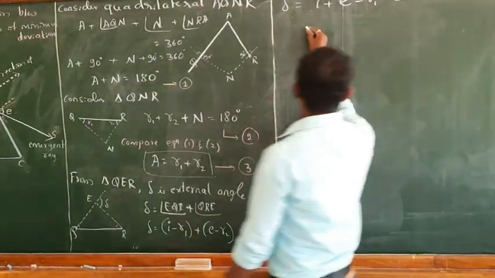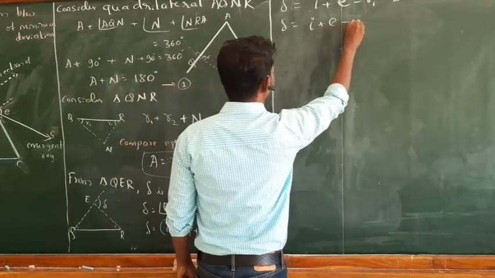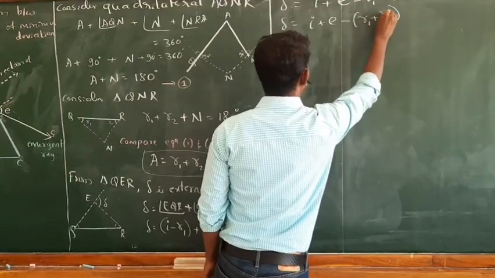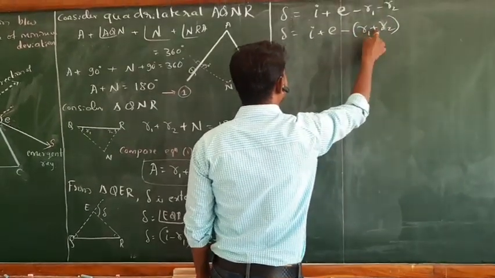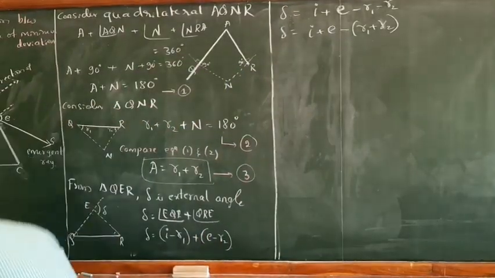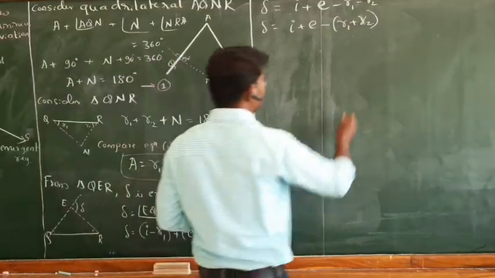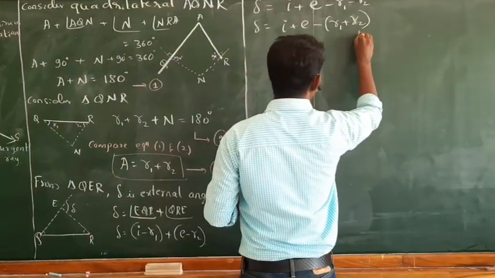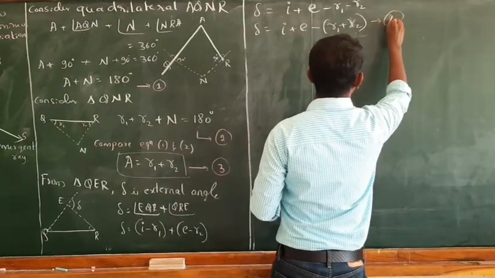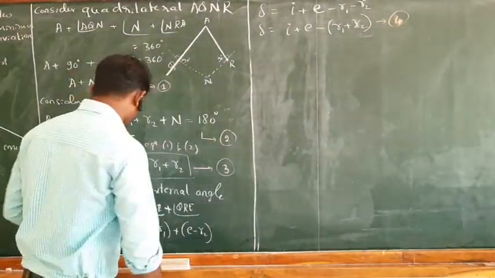And the next step, delta is equal to I plus E minus, R1 plus R2. What I did is I have taken the negative outside, so this will be R1 plus R2. Okay, I call this equation number 4. We had three equations already, so this is the fourth equation.